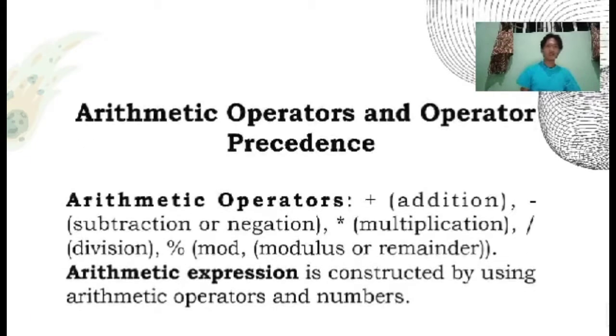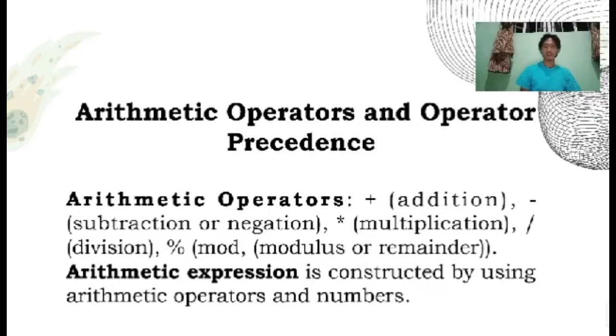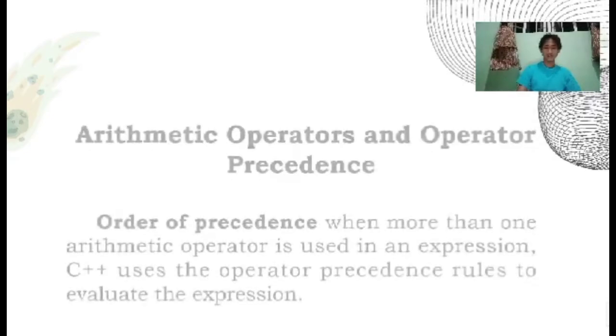Next, arithmetic operation and operator precedence. Arithmetic operations, for example, are addition, subtraction, multiplication, division, and modulus, or remainder. An arithmetic expression is constructed by using arithmetic operations and numbers.